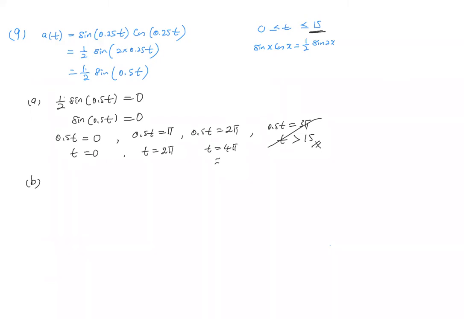Okay, so we know that acceleration is v prime t. So if I want to find the velocity, I have to integrate v prime t, am I right? So I have to integrate half sin 0.5 t dt. Okay, when you integrate sin, what do you get?